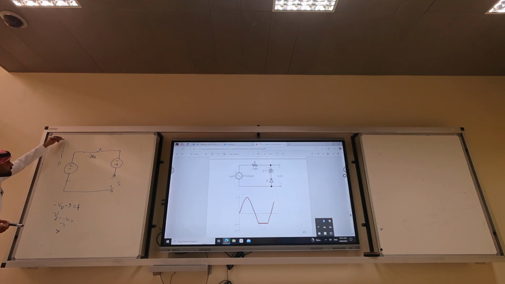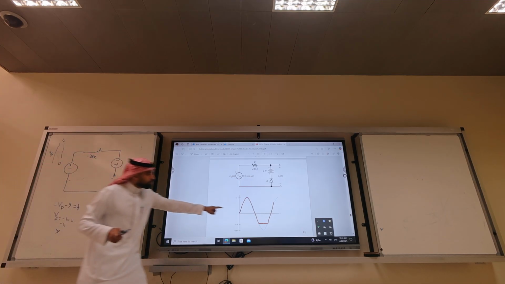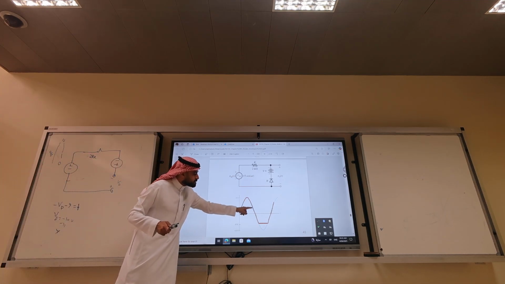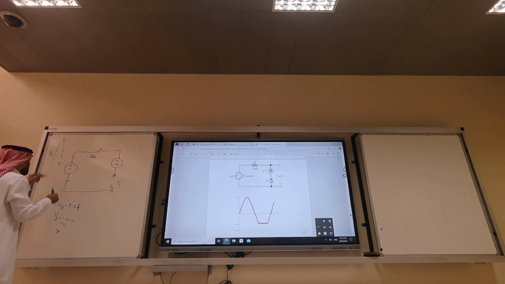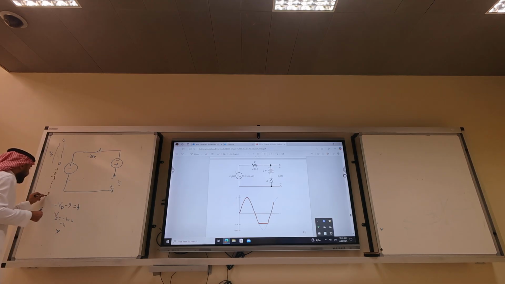From 0 to 15, the diode will be what? Off. If the diode is off, from 0 to 15 the output matches the input. If it's minus 1, minus 2, minus 3, up until I reach minus 9, the diode will also be off.